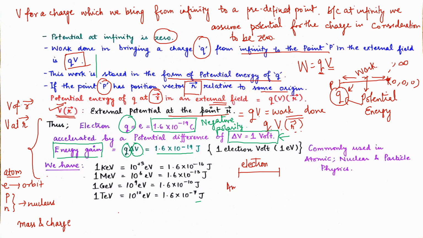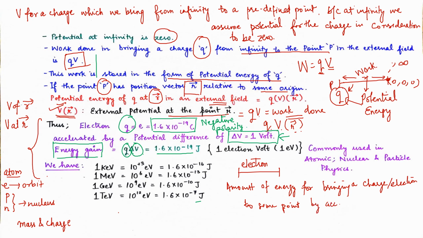But this electron volt is defined as the amount of energy for bringing a charge or electron to some point by accelerating it through 1 volt.